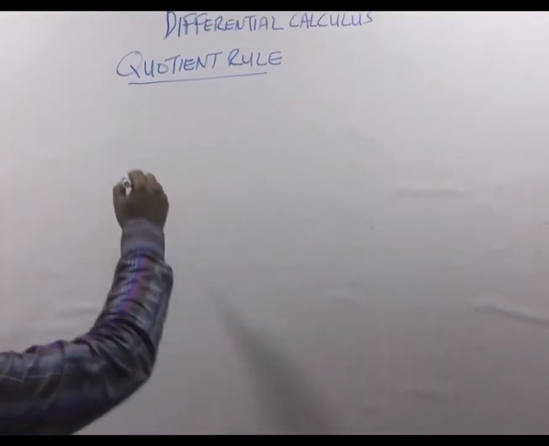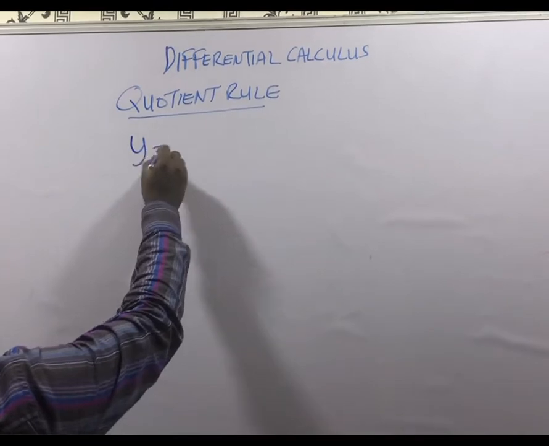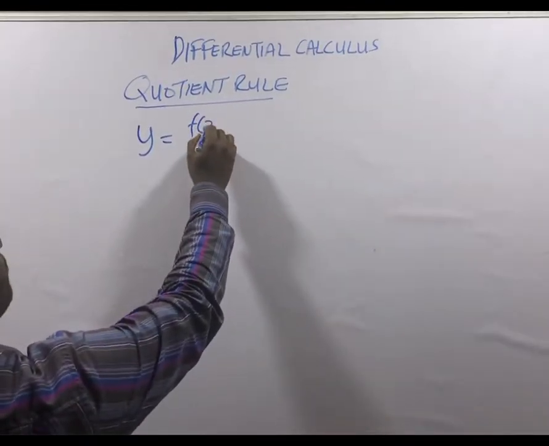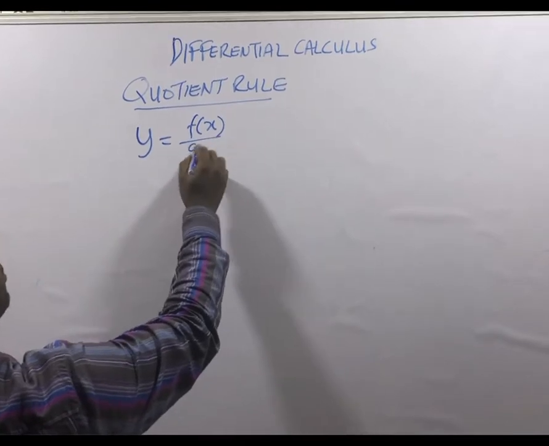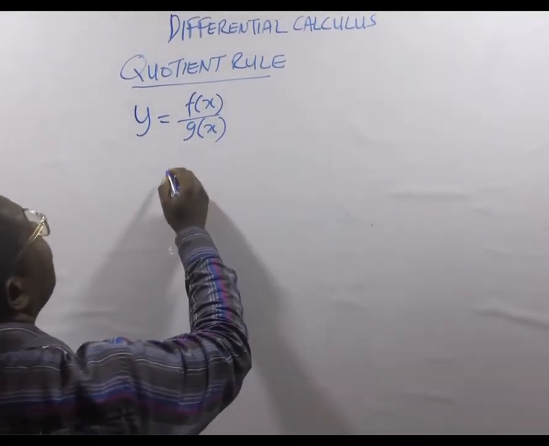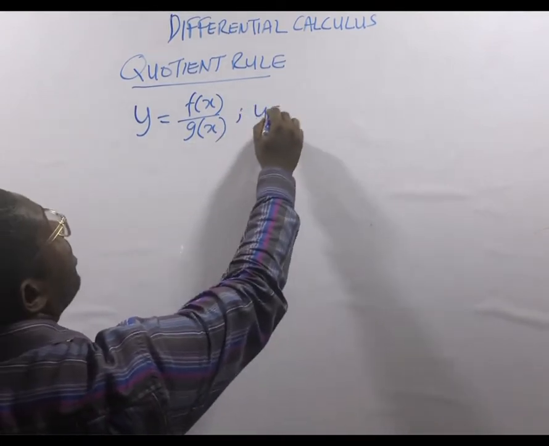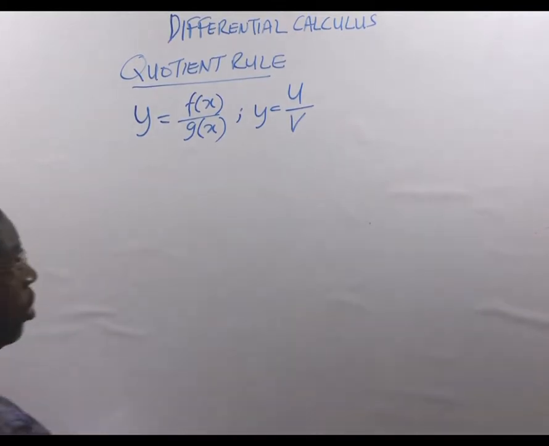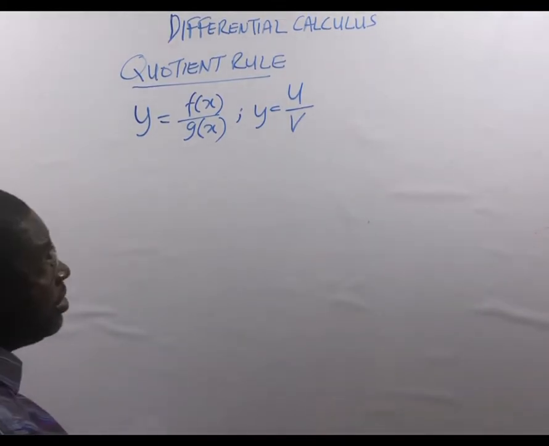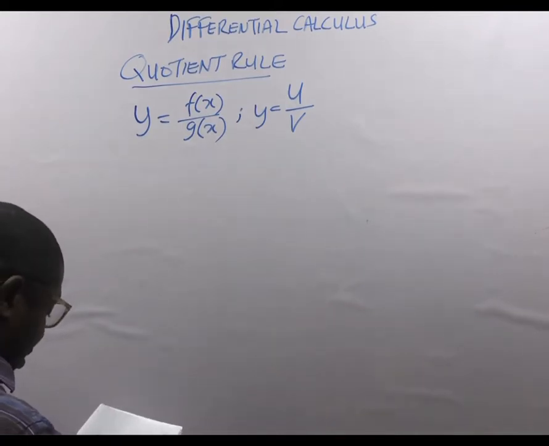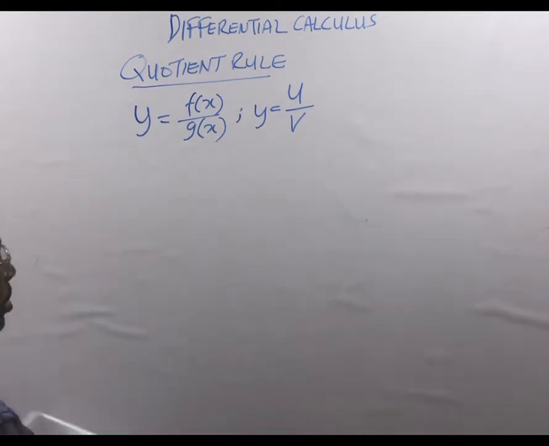If we're given a function as f of x divided by g of x, or we're given y is equal to u all over v, where u is the first function and v is the second function, how do we find dy/dx?